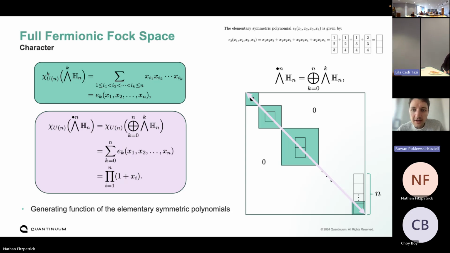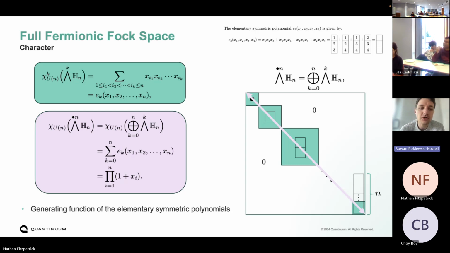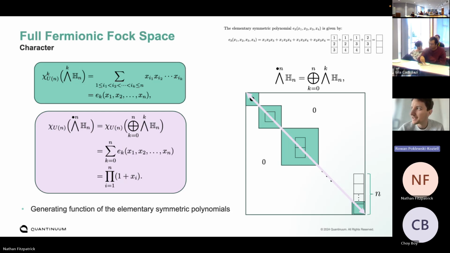Rowan has a question. Online, can you hear me? Yeah. So do you use specifically in these identities that it's an exterior algebra? This is an exterior algebra, yeah. But normally I think of the fermionic Fock space as the anti-symmetric algebra.